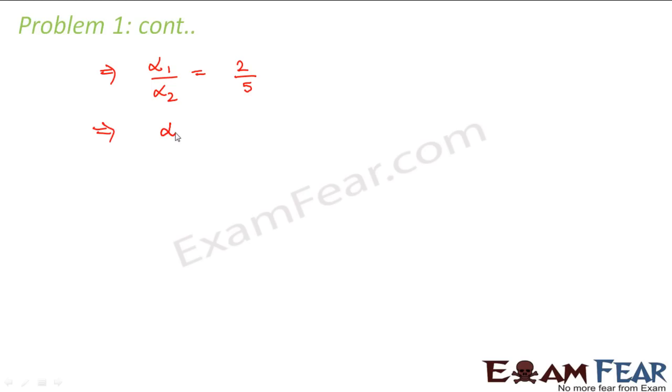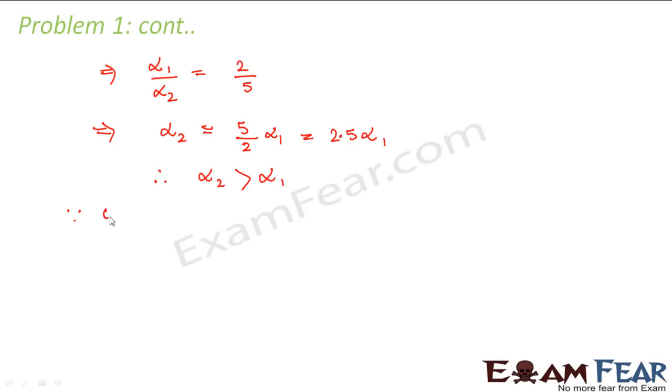So I2 is equal to 5 by 2 I1, that is 2.5 I1. So I2 is 2.5 times I1, which shows that alpha 2 is greater than alpha 1.